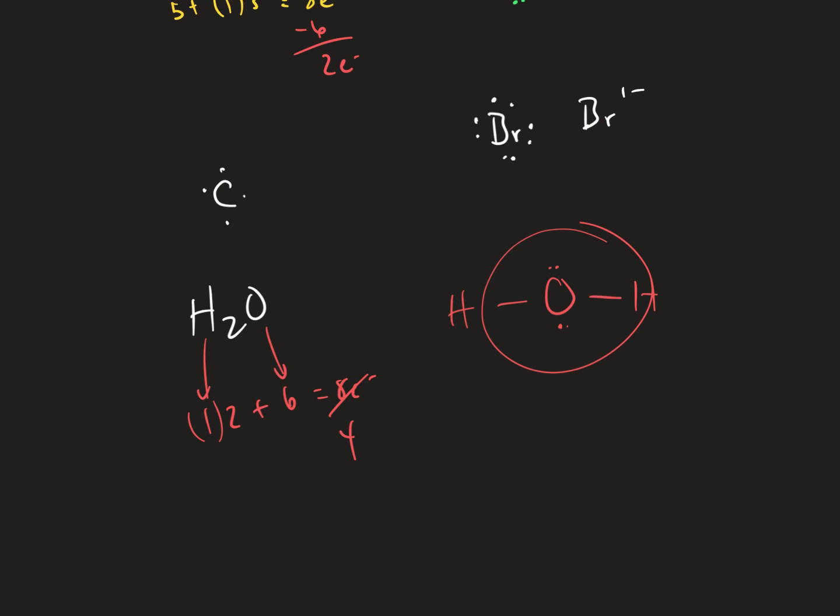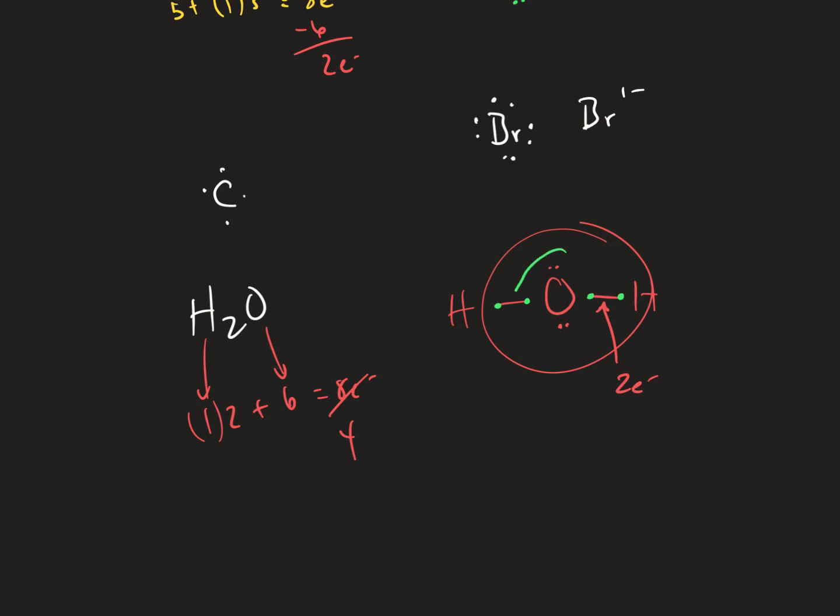Right, so why did we use 4? Each bond represents 2 electrons. So one of the electrons came from oxygen, and one of them came from hydrogen, on both of them.